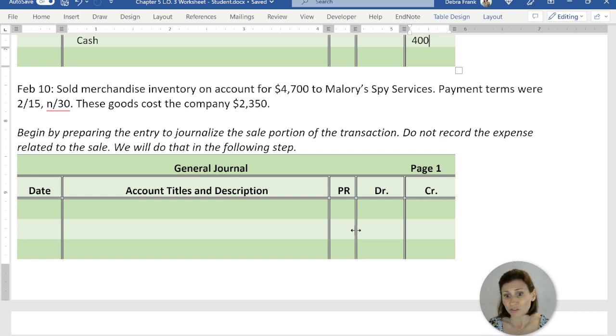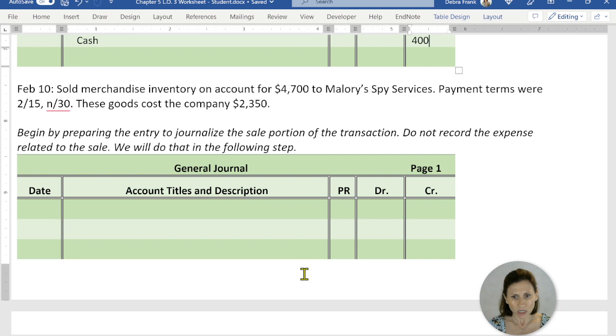So we're going to assume that Mallory Spy Services is going to take that discount. We don't know if they're going to take it or not, but we're on the conservative side so we don't overstate our revenue. This is our rule under GAAP, following our revenue recognition standards. That's what this is called.